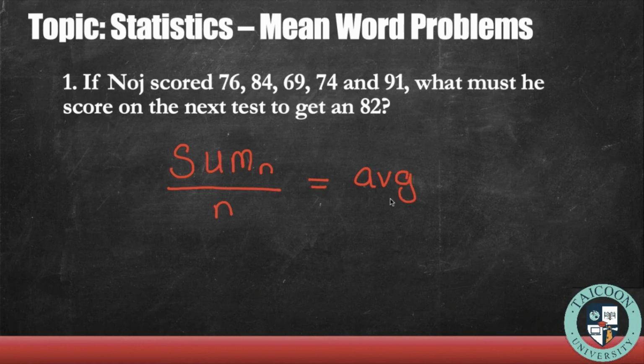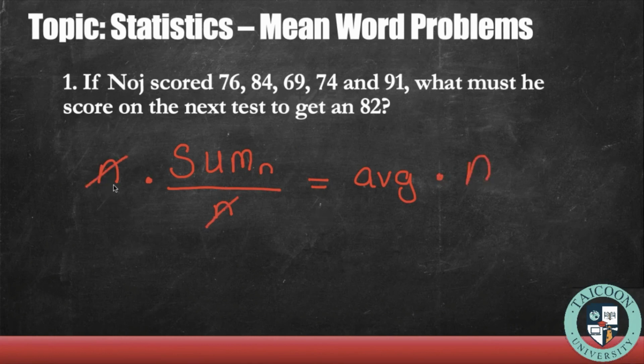The SHSAT doesn't actually test the formula in this way. Most commonly, you're going to be given the average and the total number of numbers, and you're going to have to use these two data points in order to solve for the sum. So we're going to rewrite this formula so it's more user-friendly. The inverse of dividing by n is to multiply both sides of this equation by n.